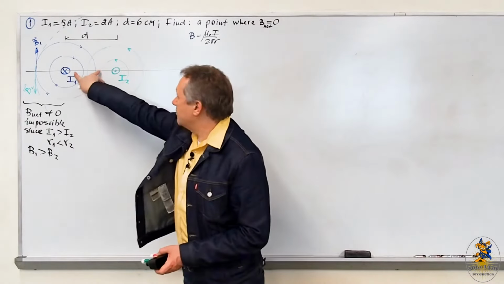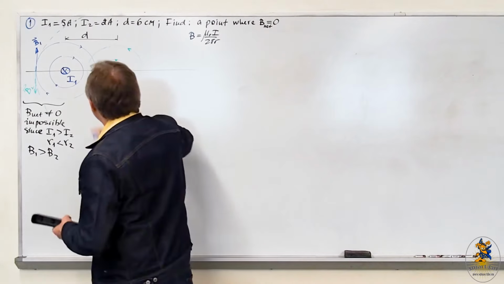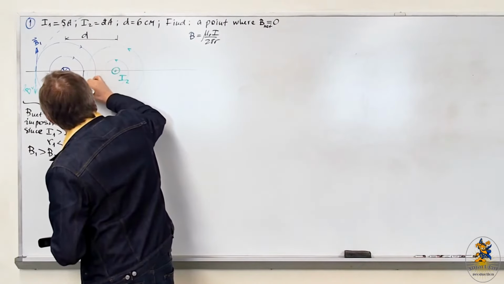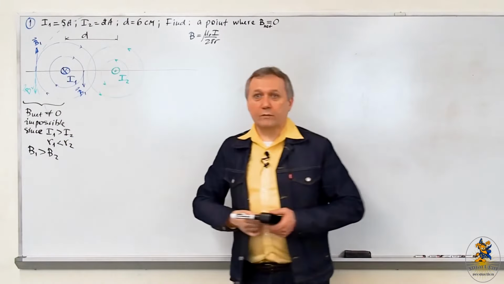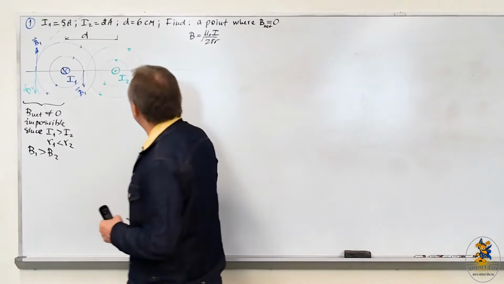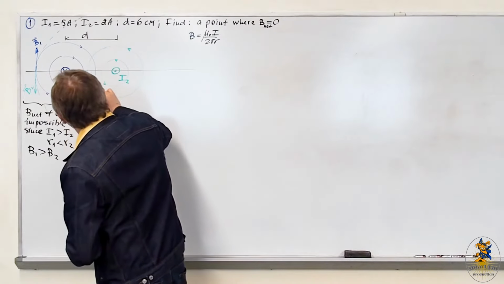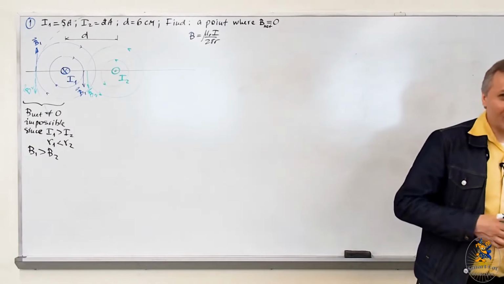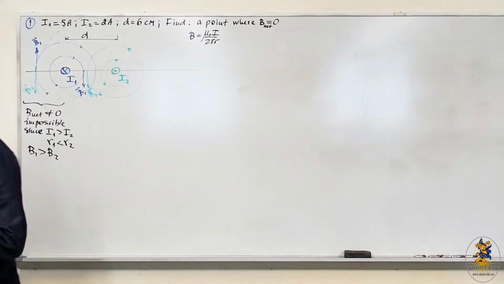Now, between these two wires, the direction of the blue magnetic field is down, so it's B1, and the direction of the green magnetic field, which is B2, is also down. Now definitely it's impossible, obvious, right? Since they're in the same direction, of course, they add to each other. So cancellation is impossible.